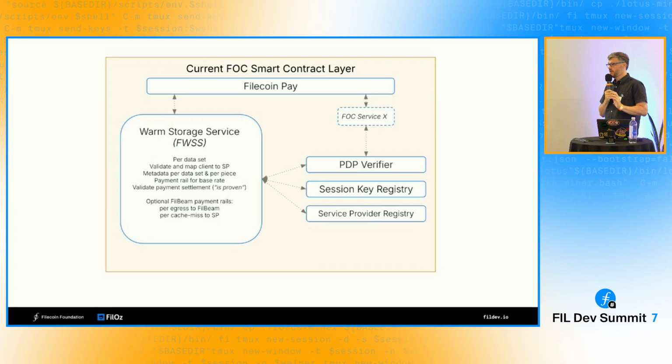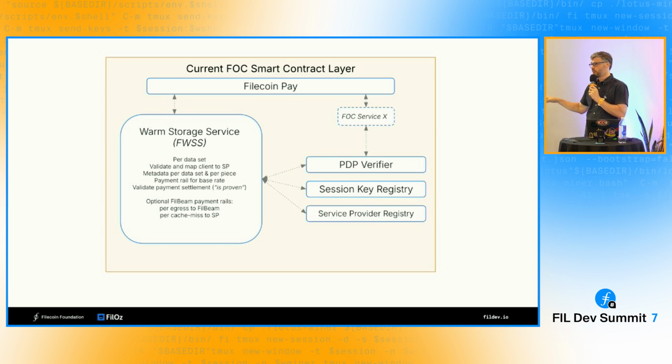Okay, so PDP is not PoRep. It's our second proving system on Filecoin, and it's proof of data possession, not proof of replica. So we can't prove with PDP that you have a unique sequence of bytes on a disk somewhere that represent that data. All we can prove is that you as an SP can get those bytes if you're asked for them. So ideally you would have them on a disk somewhere, but it's not the kind of proof where there's a sealing process and it's all locked up to be a unique replica.